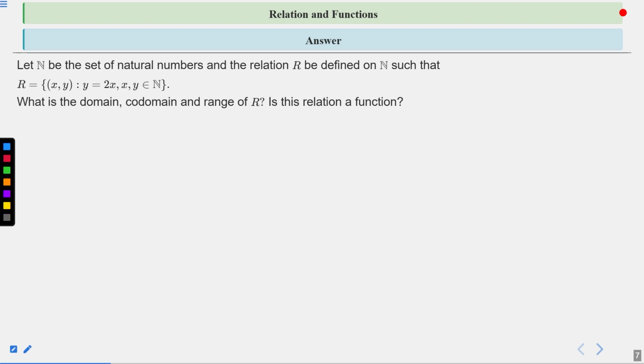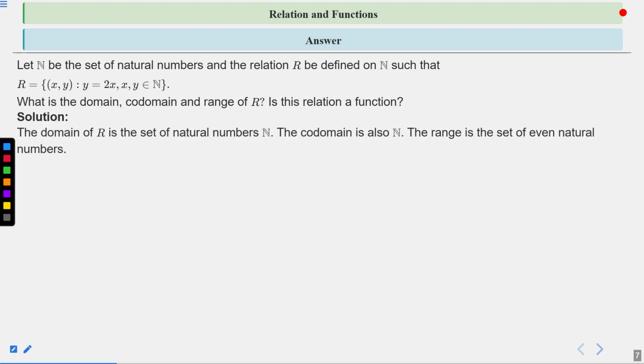Now we have to answer for domain, codomain, range of R, and whether the given relation is a function. So the solution. If you recall, the domain definition is nothing but the collection of all first elements from the ordered pairs belonging to the relation R. Simple.